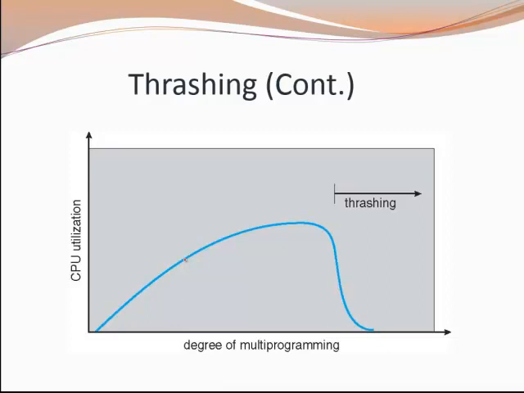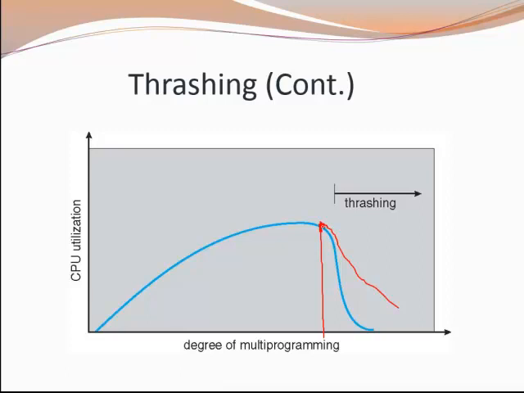In this way, it is busy at every time, but at some point, as we keep increasing the degree of multi-programming, the CPU utilization becomes low. Here the page fault rate increases, so the operating system arranges pages from secondary storage to primary storage.